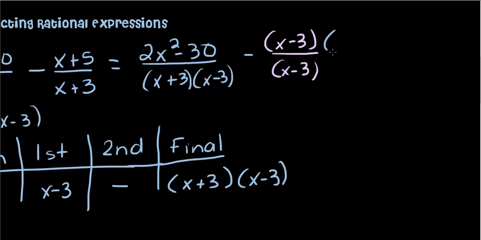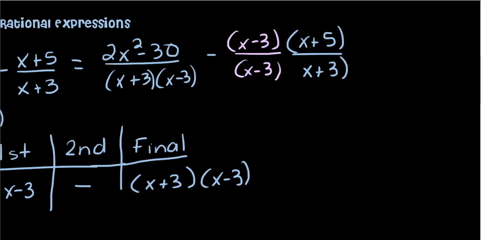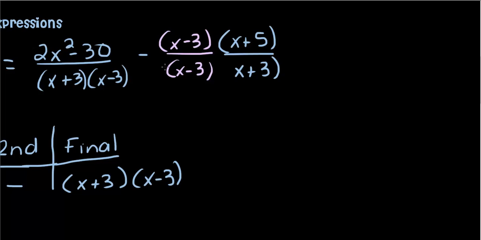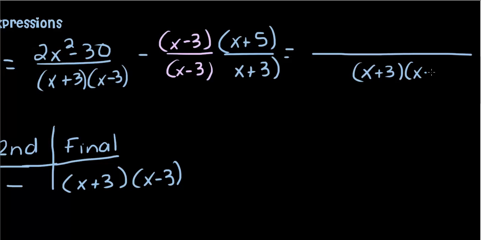So then we're going to have x plus 5 over x plus 3. And now we are going to use FOIL on this one. The first one is going to stay the same, and I'm going to rewrite it using a common denominator, x plus 3 times x minus 3. Again, the first term stays exactly the same, 2x squared minus 30.